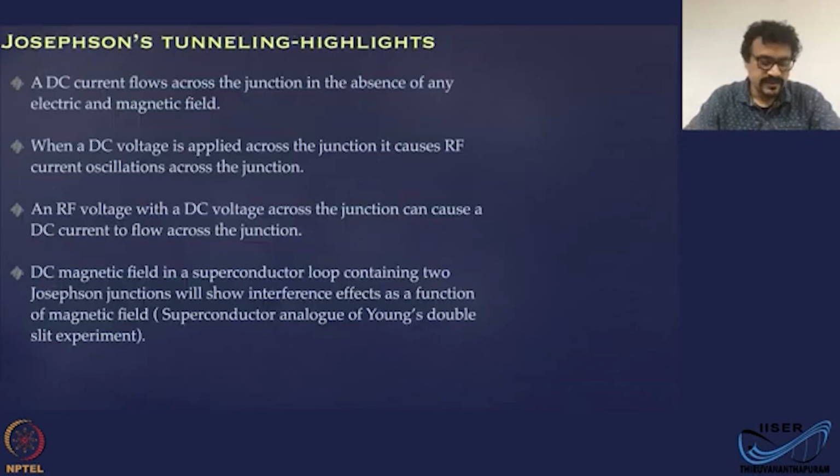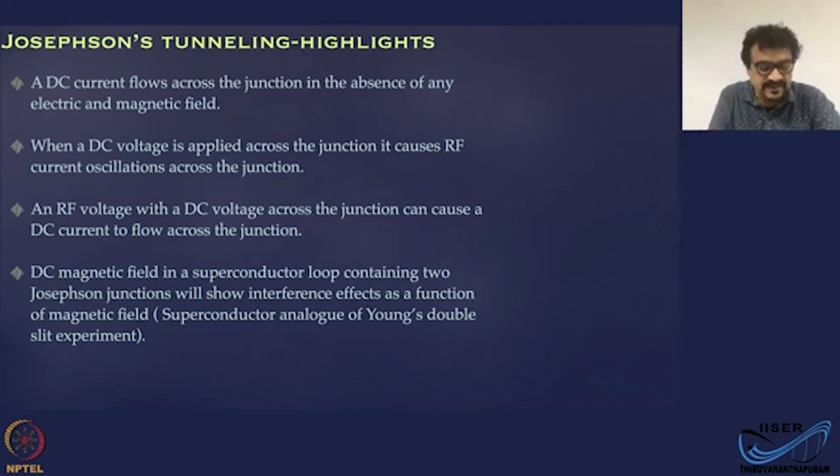Okay. So here there is a summary or highlight of the Josephson tunneling phenomena. The first one is a DC current flows across the junction in the absence of any electric or magnetic field. Okay, that's what we just saw, because you have a non-zero current at zero bias applied between an SIS junction.